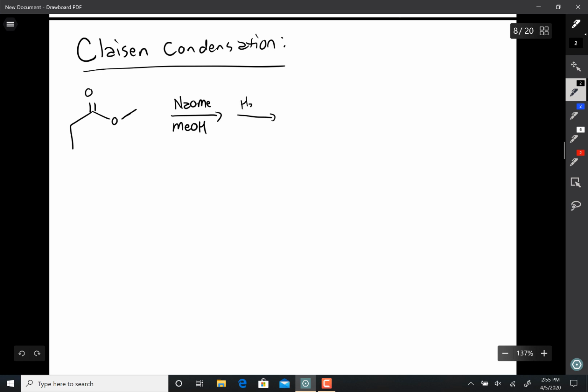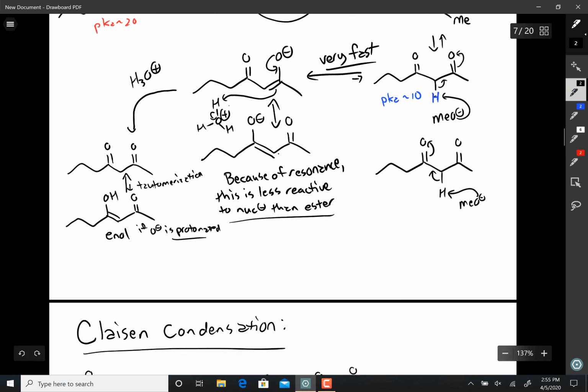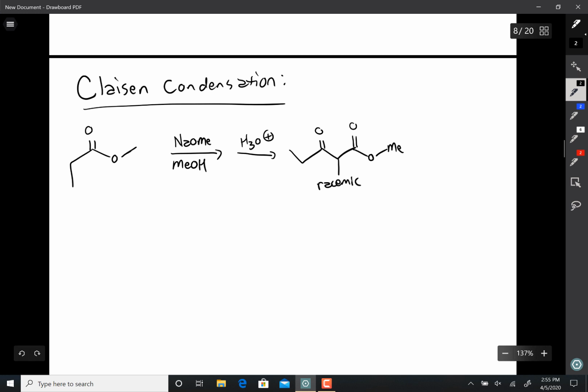But after the Claisen condensation, there's always this H3O plus step. That's there to protonate the enolate to give you the 1,3-dicarbonyl.